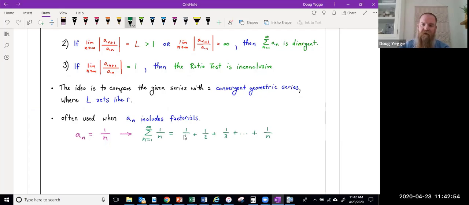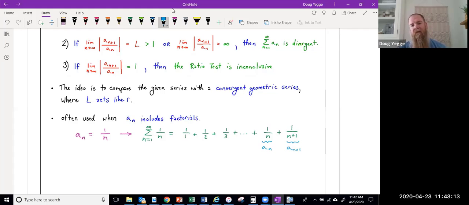But notice that that's the nth term, so the n plus 1th term is the next term. So I just replace n with n plus 1 to indicate that this right here would be A sub n, while this right here would be A sub n plus 1.